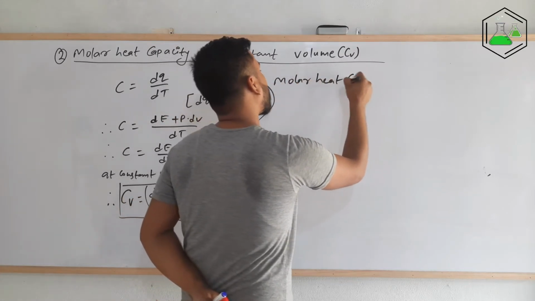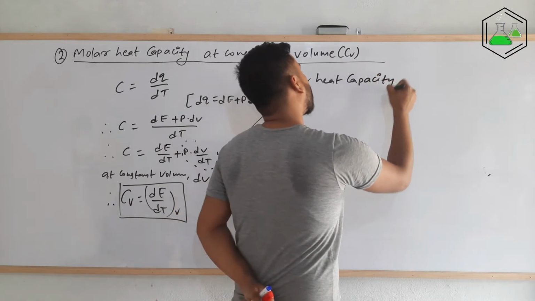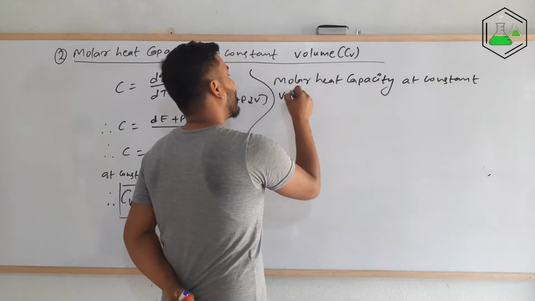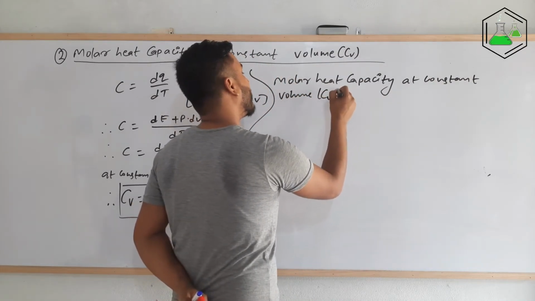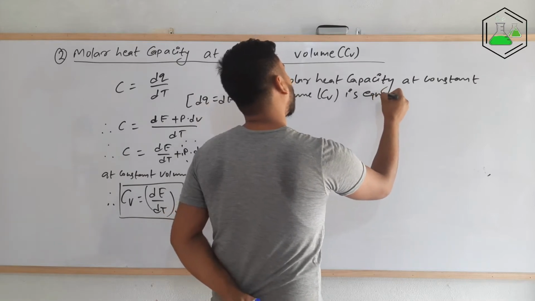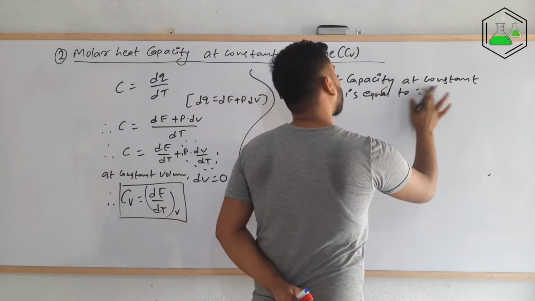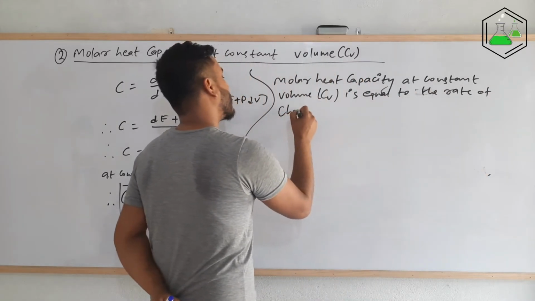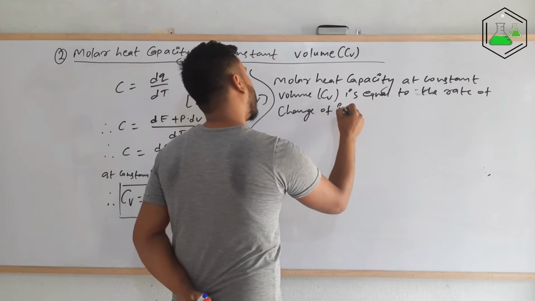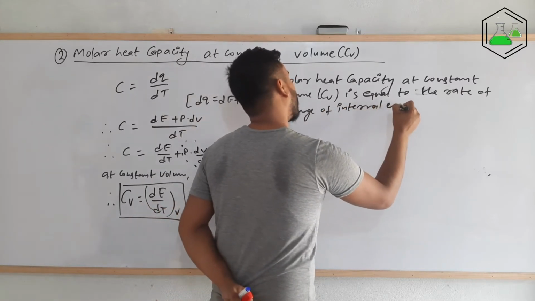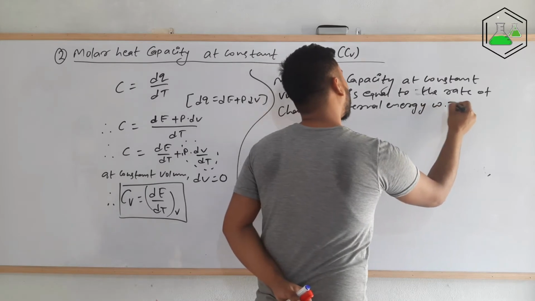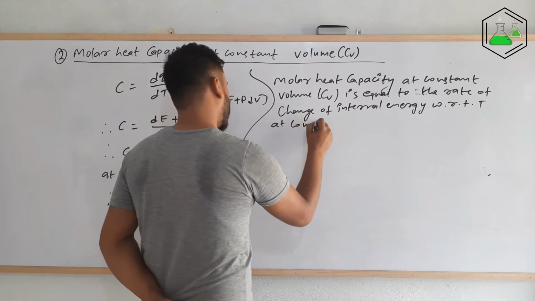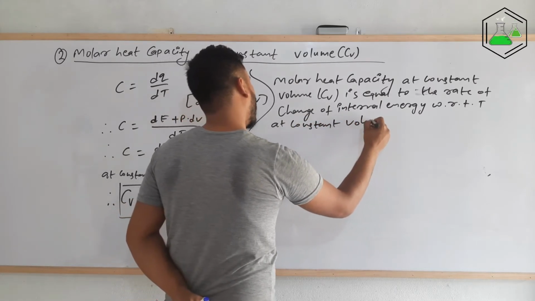Molar heat capacity at constant volume Cv is equal to the rate of change of internal energy with respect to temperature at constant volume.